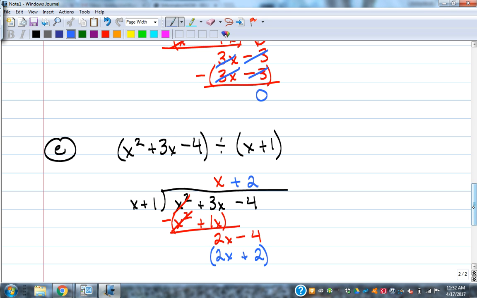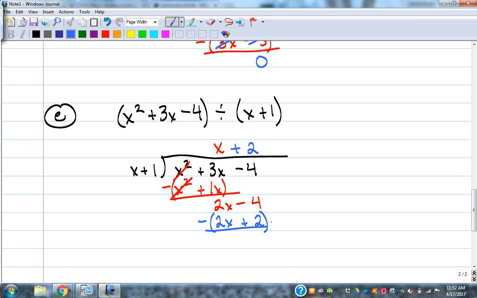And I'm subtracting all of that from what's above it. 2x minus 2x cancels out, right? What's negative 4 minus 2? Negative 6. That right there is the remainder.